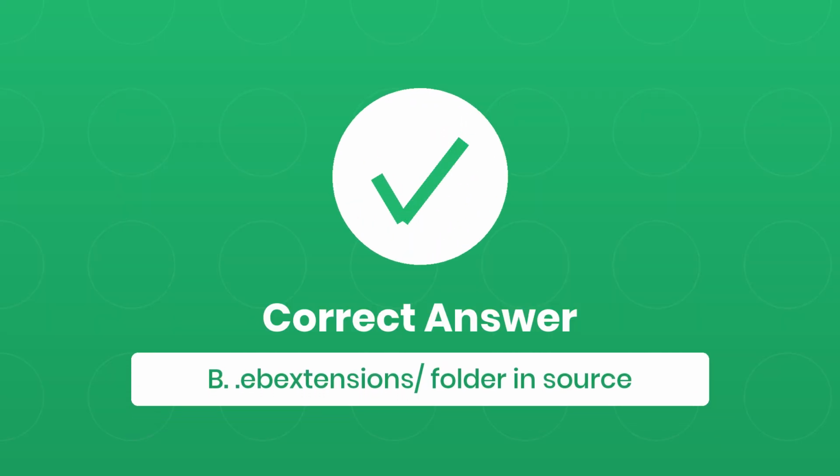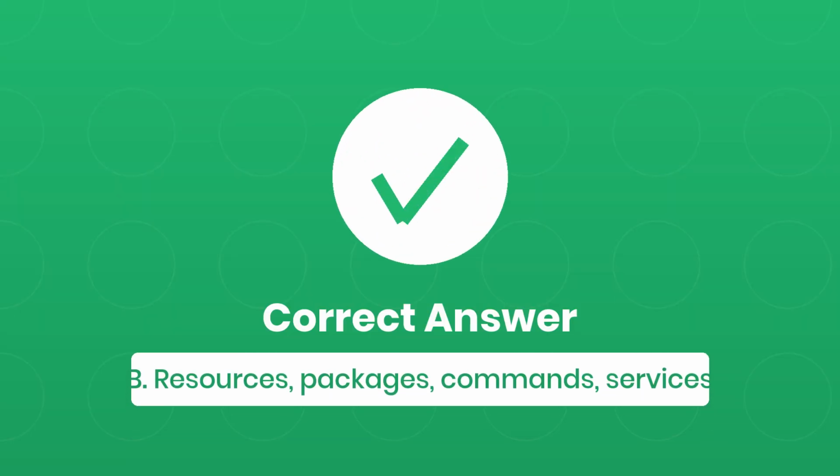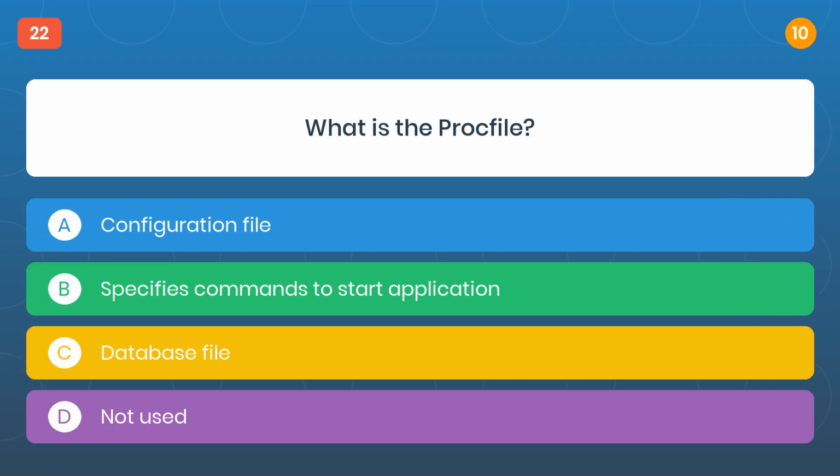The correct answer is B, ebextensions/ folder in source. Question 21. What can ebextensions configure? The correct answer is B, resources, packages, commands, services.